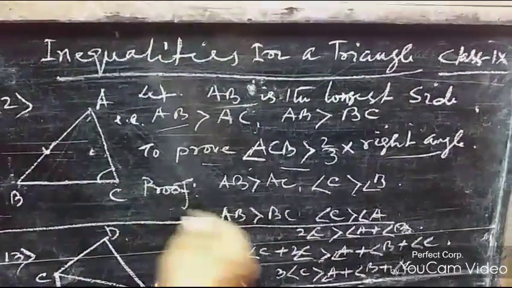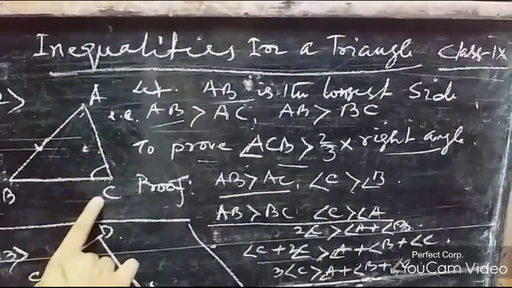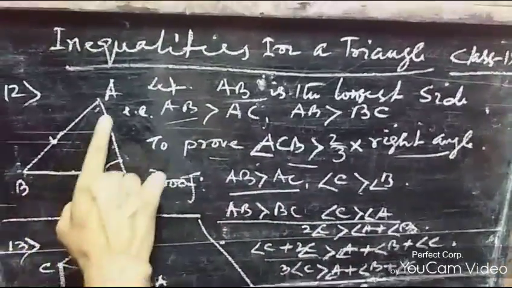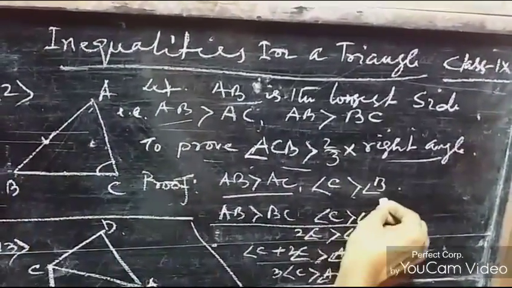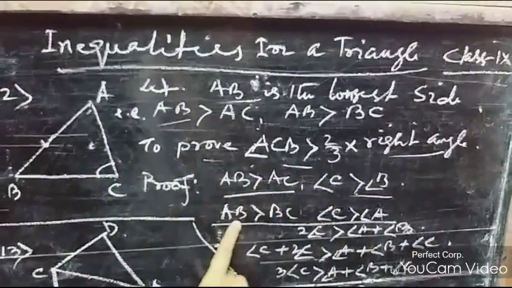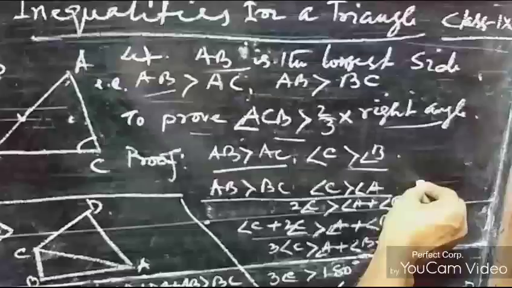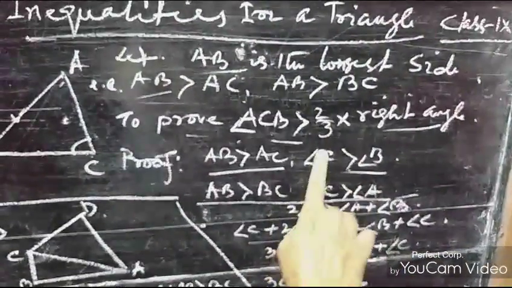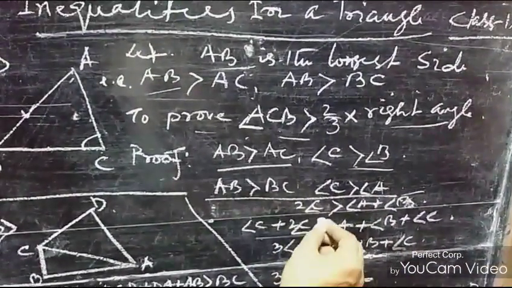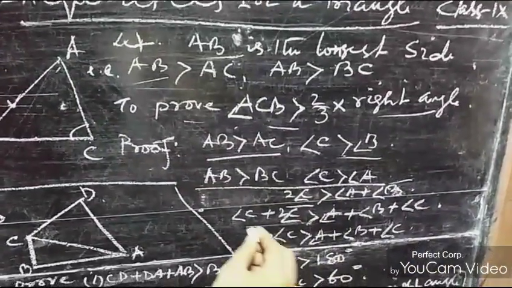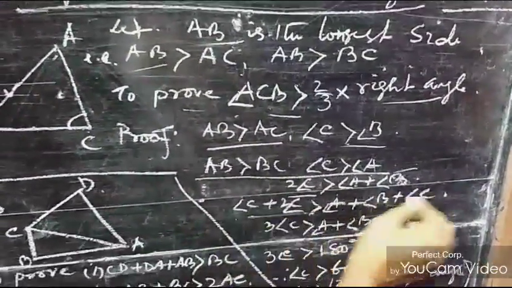Now the proof. Because AB is greater than AC, angle C will be greater than angle B, the angle opposite to AC. Once again, AB is greater than BC, so angle C is greater than angle A. Now add these two: 2 angle C is greater than angle A plus angle B. Now add angle C both sides.